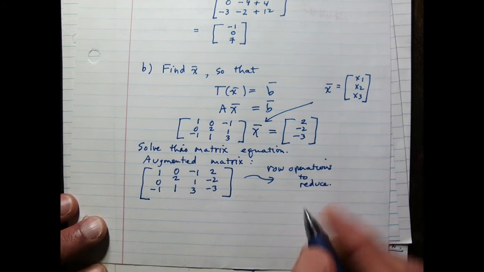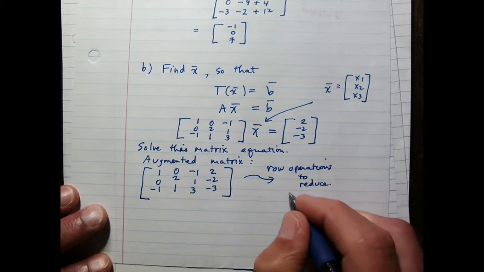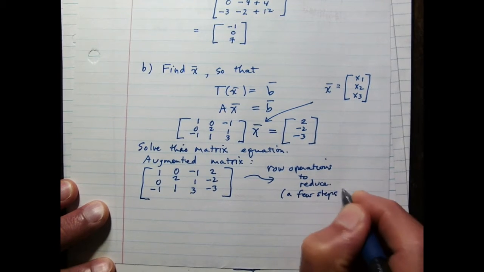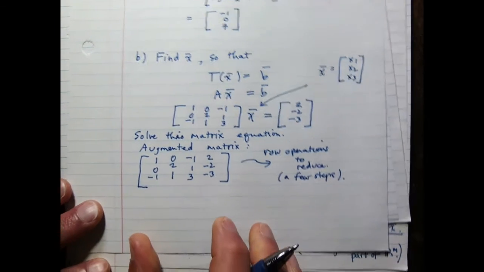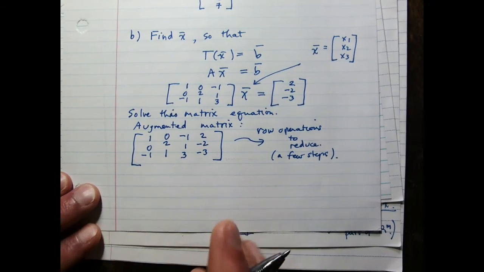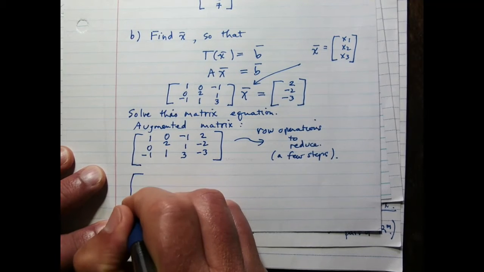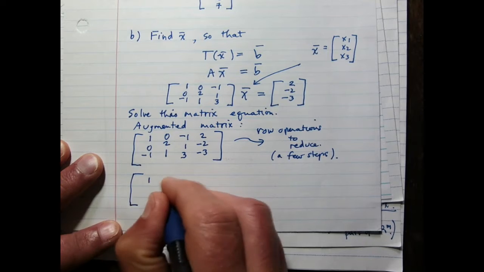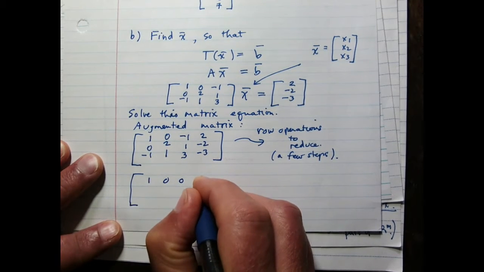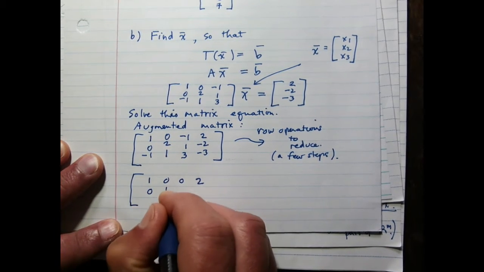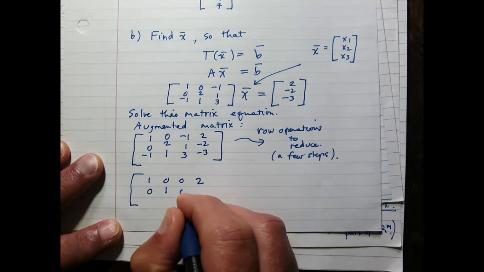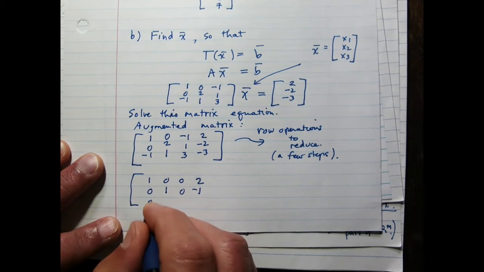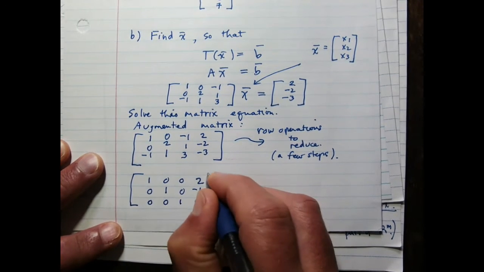And I'm not going to write out the steps. So a few steps. I'm just going to go ahead and show us what the reduced form is. I get 1, 0, 0, 2, 0, 1, 0, negative 1, and 0, 0, 1, 0.